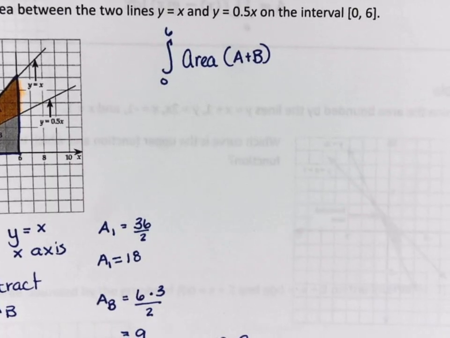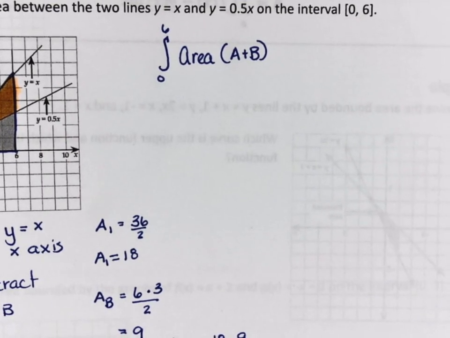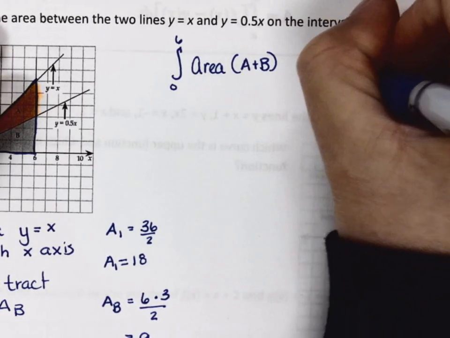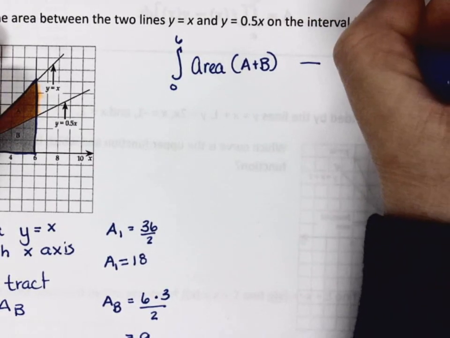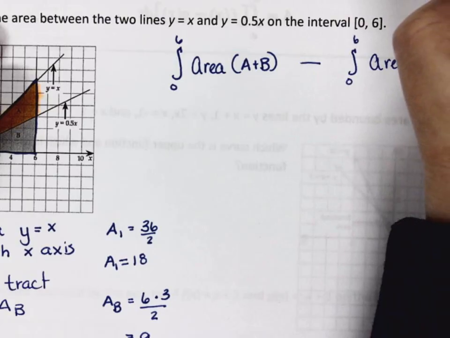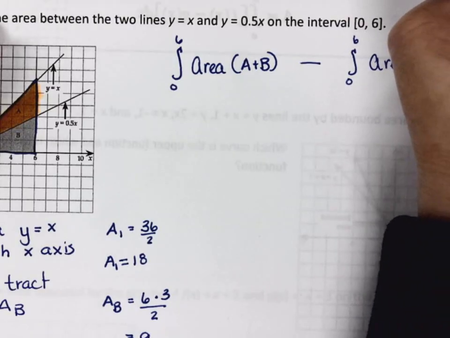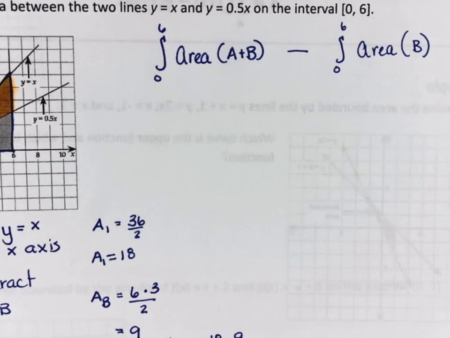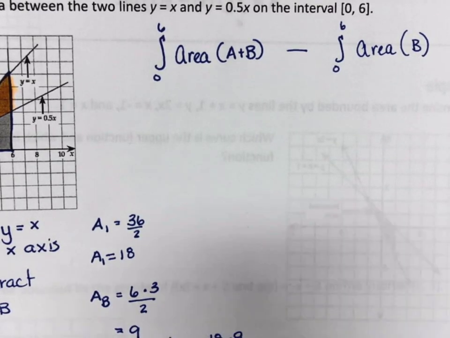So you have to do them separately, just like we just did here, and then we're going to be subtracting the integral from 0 to 6 of the area of just B. Now, I'm writing that down because that's kind of the math that we did, but we got to put some formulas in here.